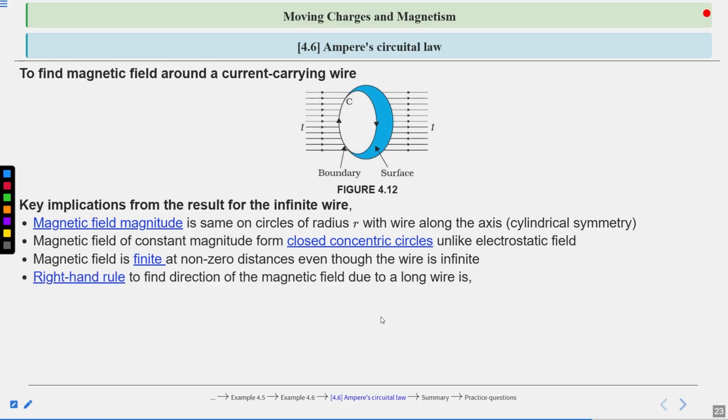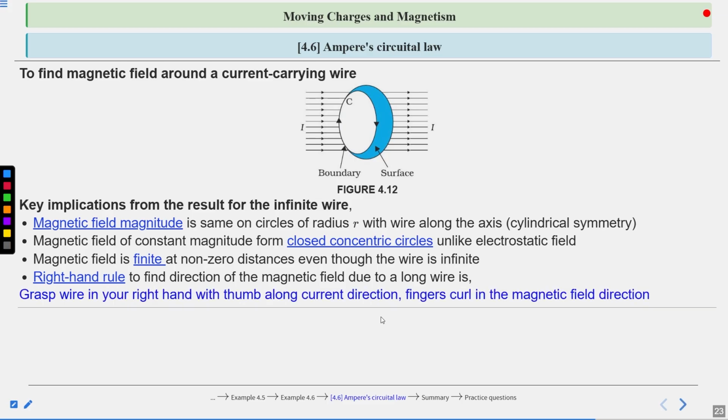And the right hand rule gives the direction of the magnetic field due to a long wire. Grasp the wire in your right hand with the thumb along the current direction, and the fingers curl in the magnetic field direction. This right hand thumb rule can be used in two ways.